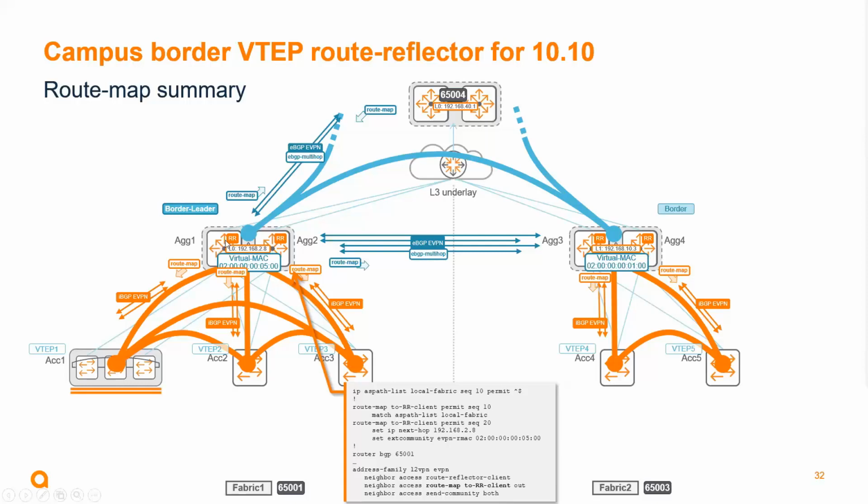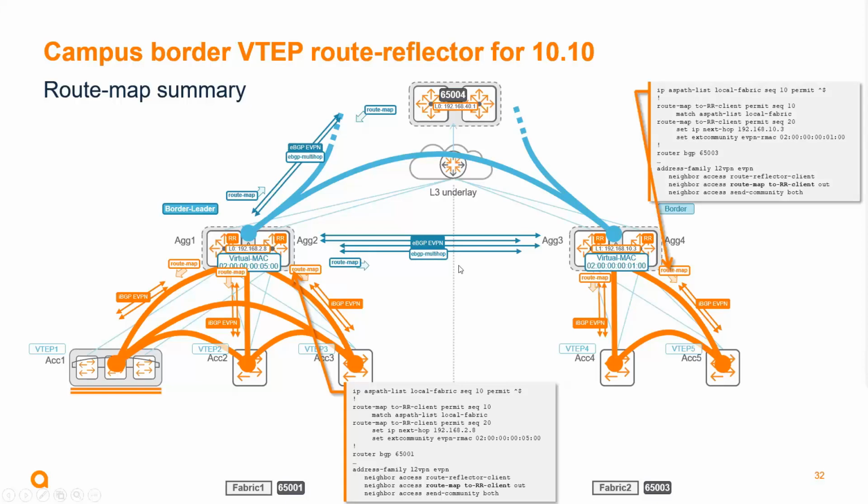This is the shared Anycast loopback used by aggregation 1 and aggregation 2 as the VTEP IP, and the EVPN router MAC that is defined identical on AG1 and AG2. Let's move on. Similar for Fabric 2, exactly the same thing. You see that it's 10.3 here, loopback 1, and EVPN router MAC identical on AG3 and AG4. And that route map is applied to the client.